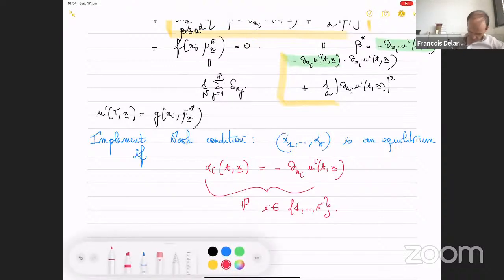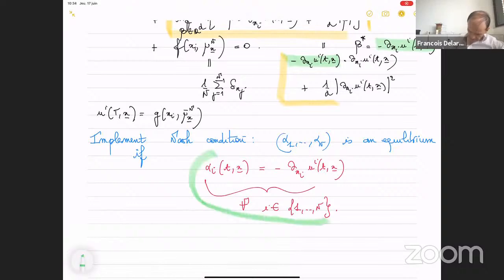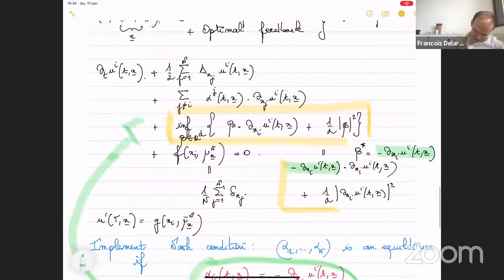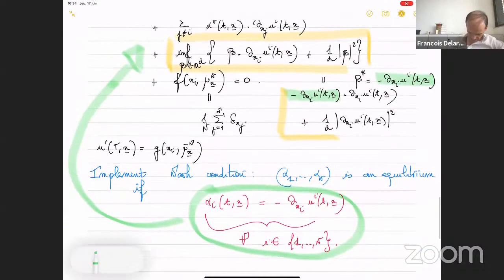So what I'm going to do is to highlight this. And now I'm going to plug these identities into this system. And this is the way I get what we call the Nash system.